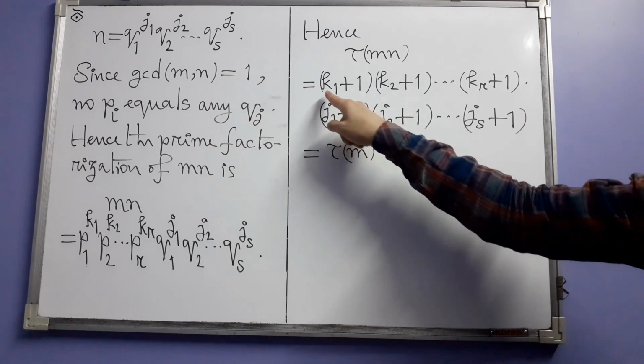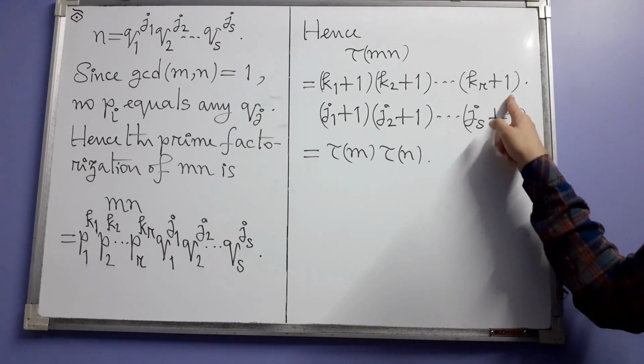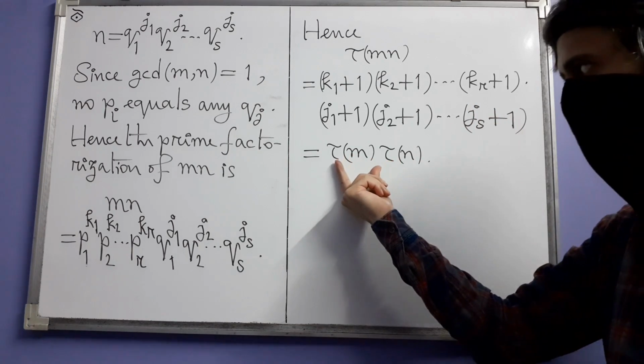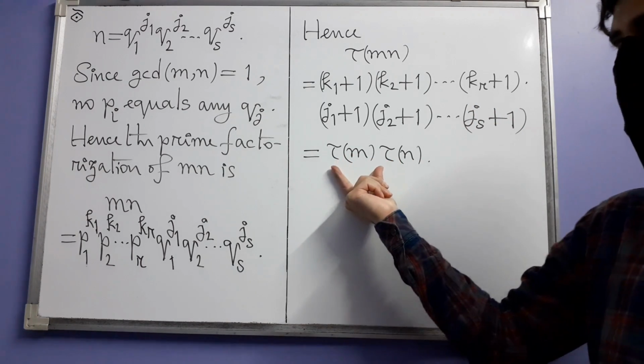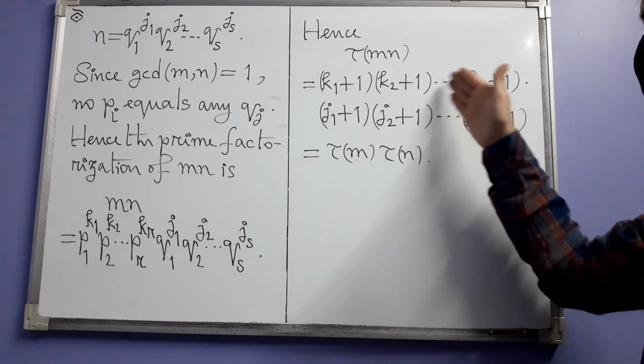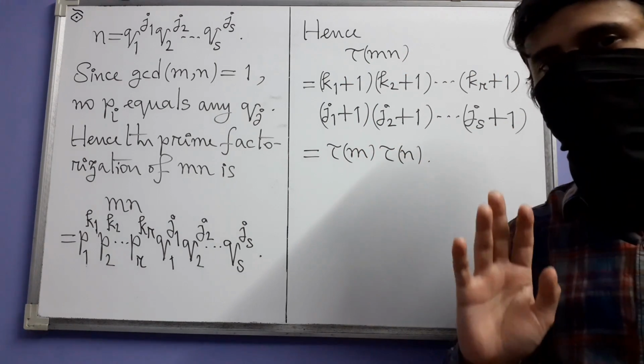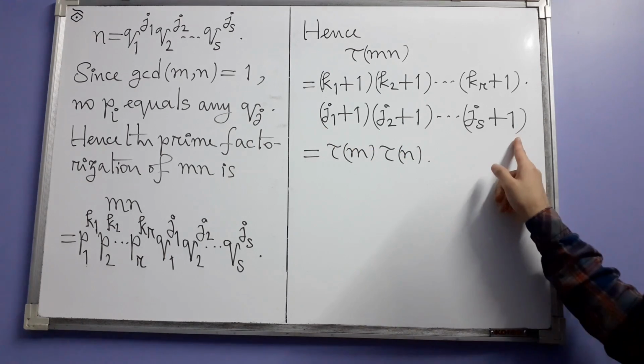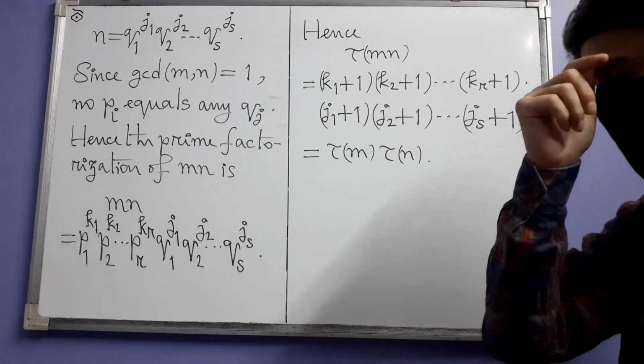But in this product, if you consider only those factors which have the k's, then you get tau of m, because these are the exponents that appear in the prime factorization of m. Similarly, this second part gives you tau of n.